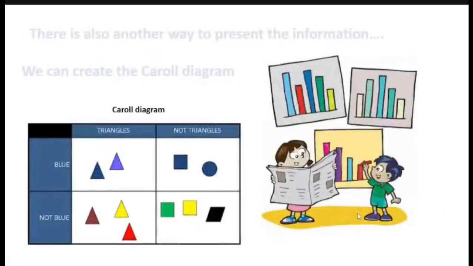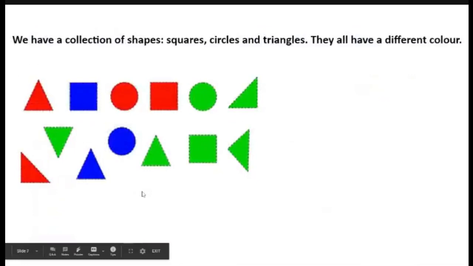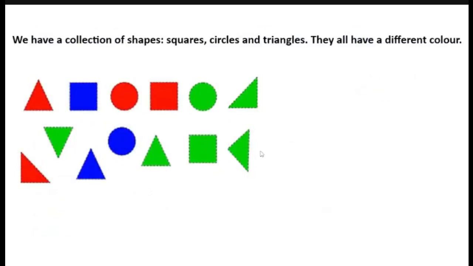There is also another way to present different information, we can create the Carroll diagram. This is Carroll diagram. So let's look how we can present some information using the Carroll diagram.